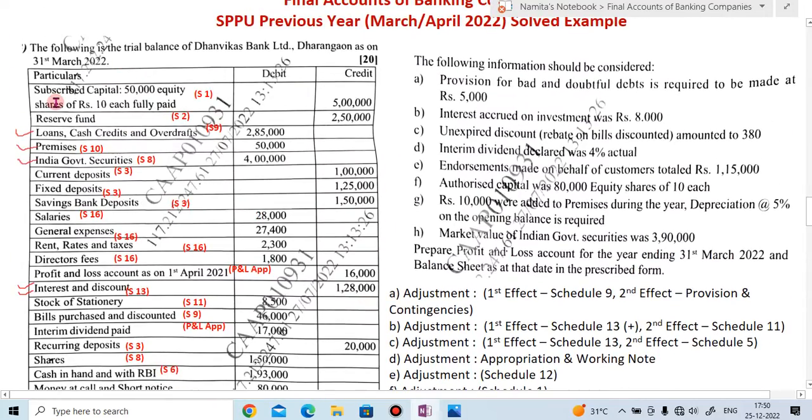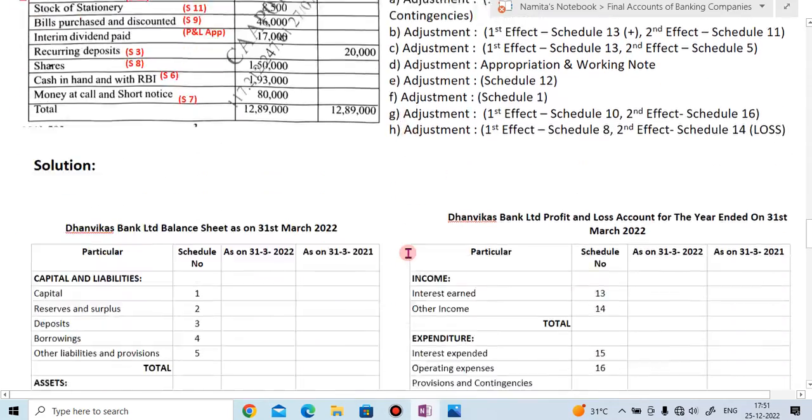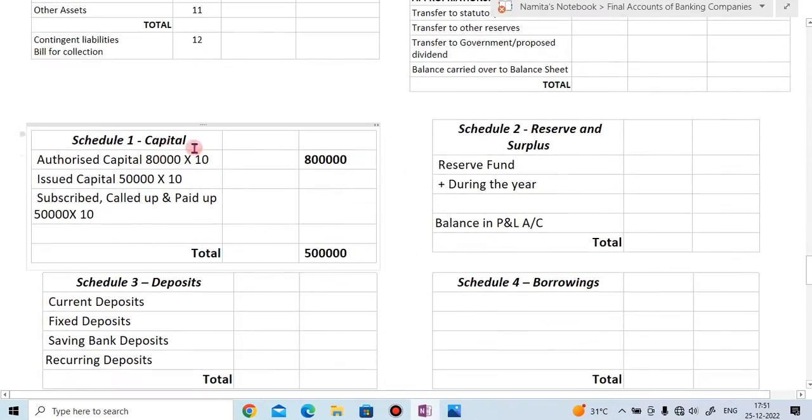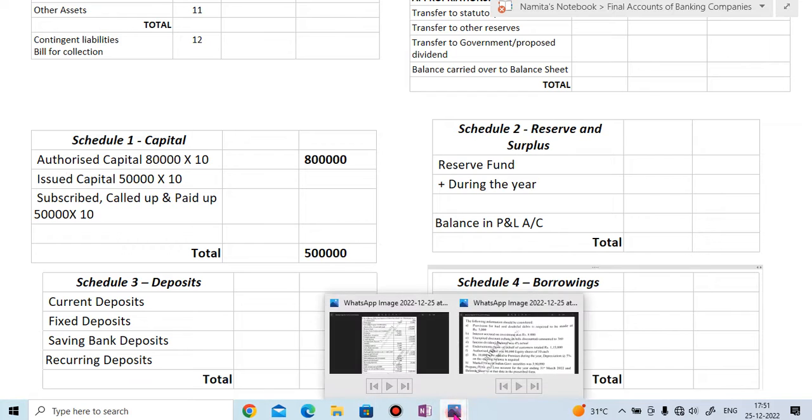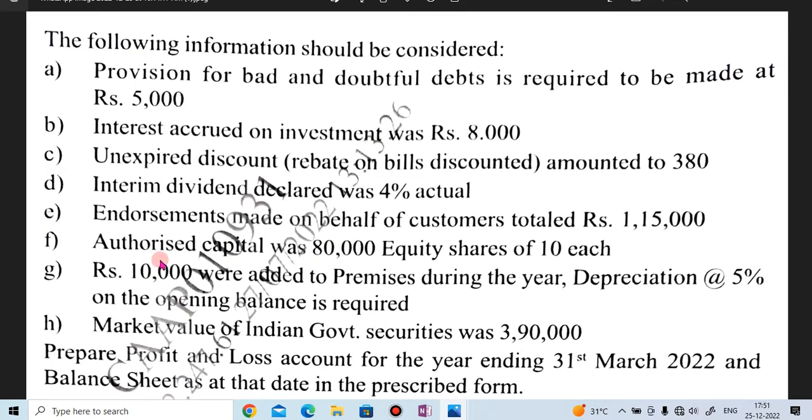Now first is subscribed capital 50,000 equity shares of 10 rupees each, fully paid, schedule 1. Always remember, in schedule number 1, that is capital, the first entry will always be of authorized capital. Now where is this authorized capital given? It is given in the adjustment.